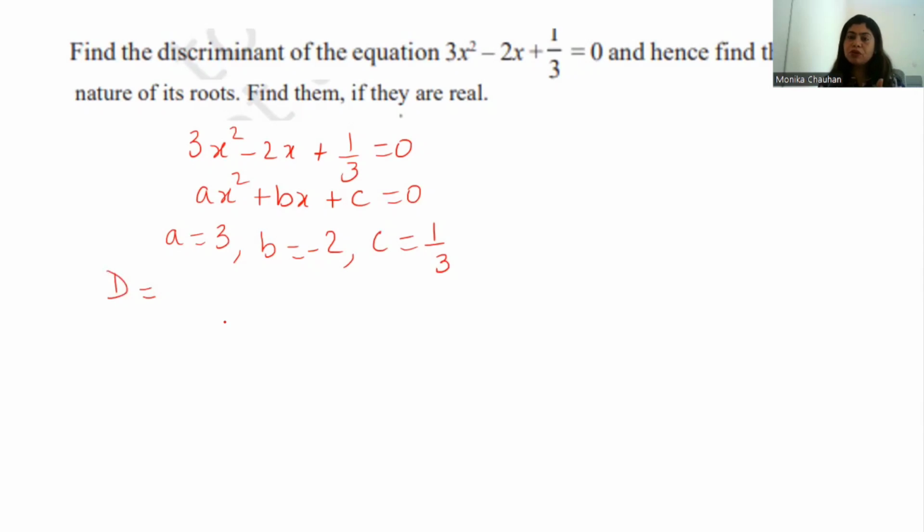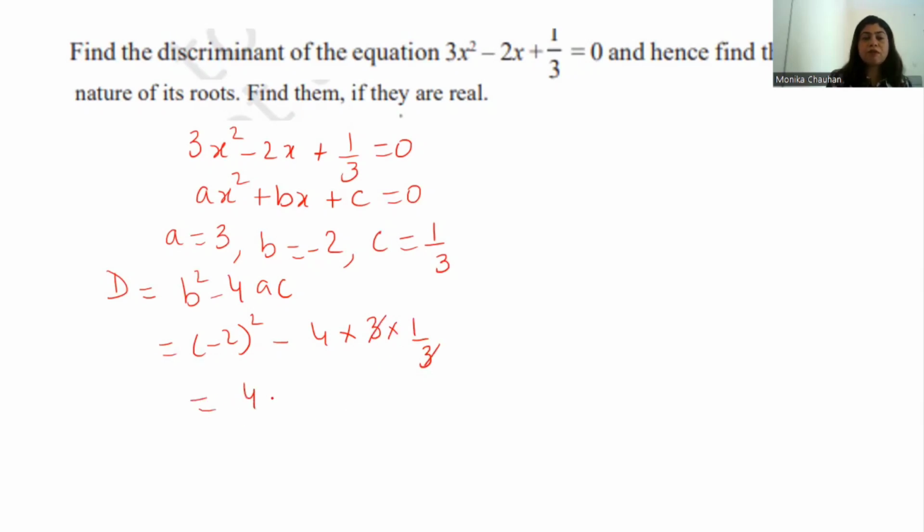You'll remember the discriminant is b square minus 4ac. It's not so difficult. So b is minus 2 whole square, minus 4, a is 3 into c is 1 upon 3. This 3 and 3 cancel out. So you have 4 minus 4, which is equal to 0.